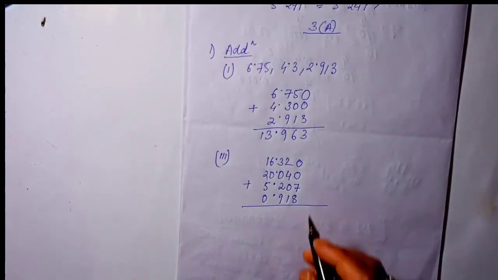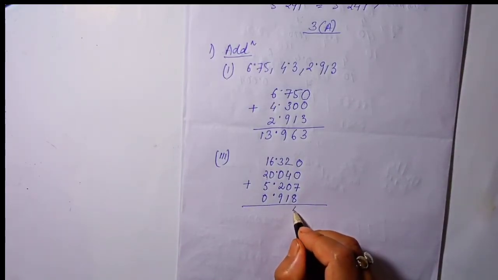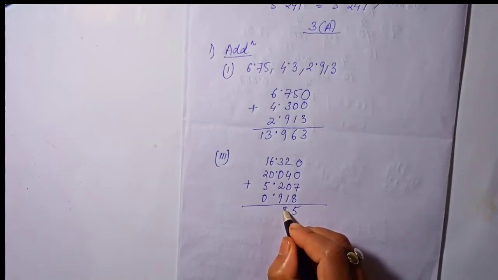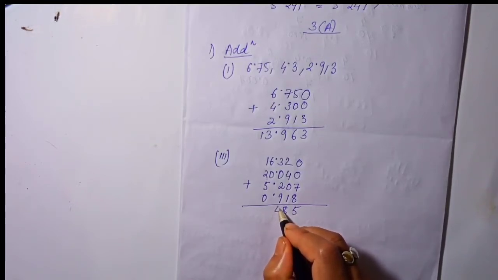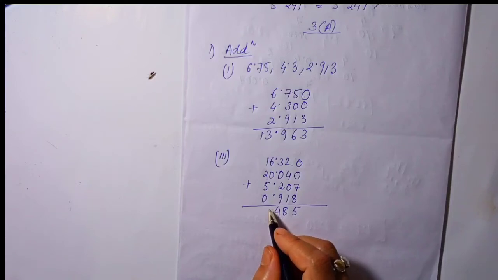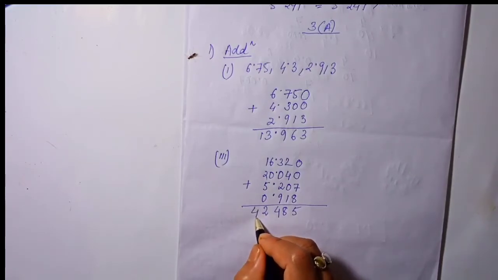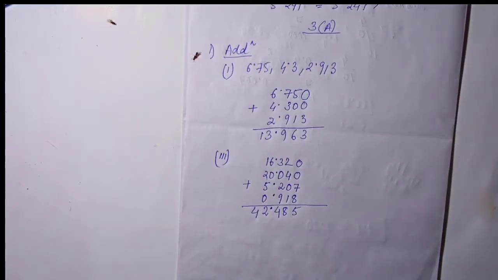If you add it, this will be 5, it is 8, 4, 2, 3, 4, 42.485. This is the answer.